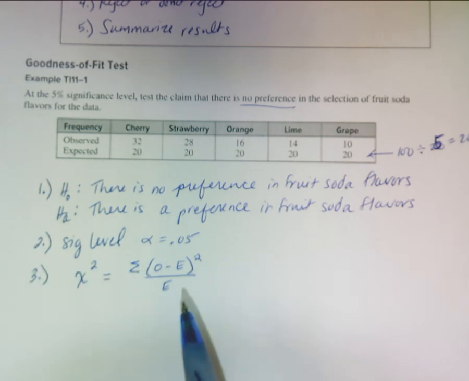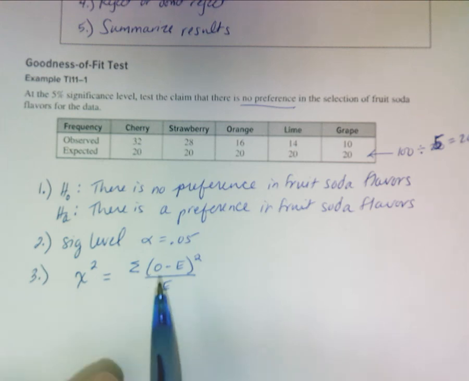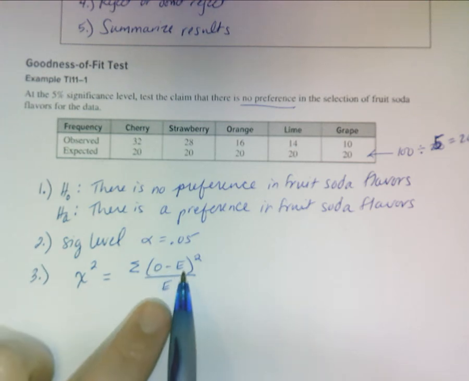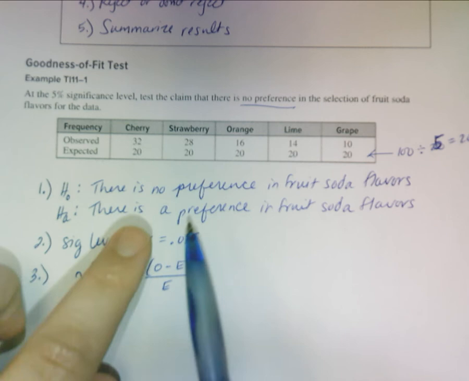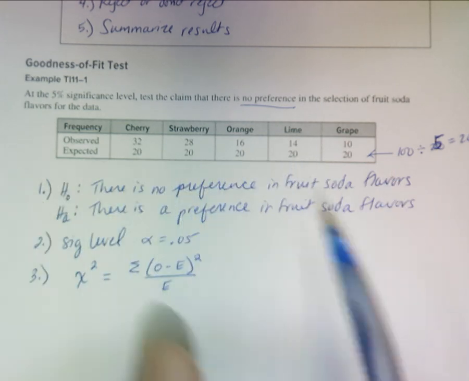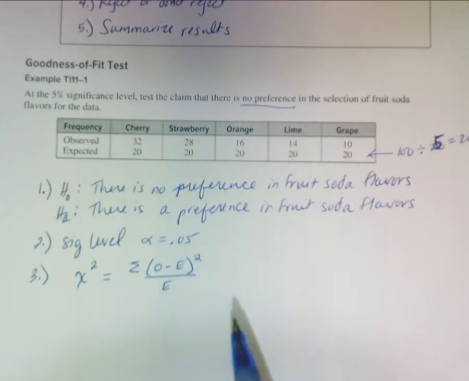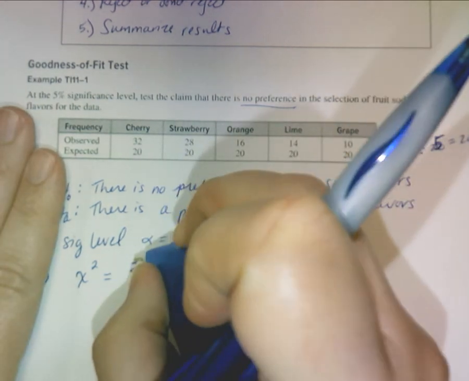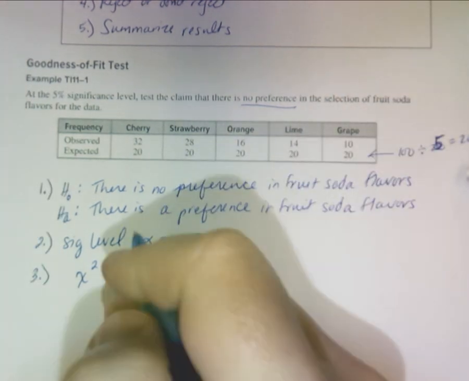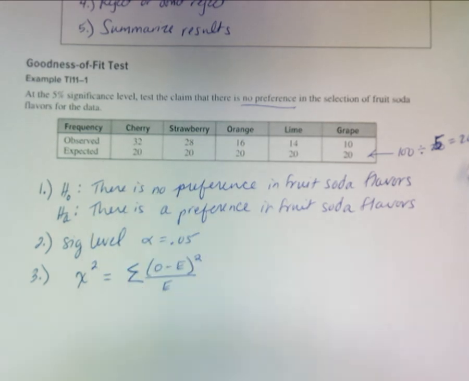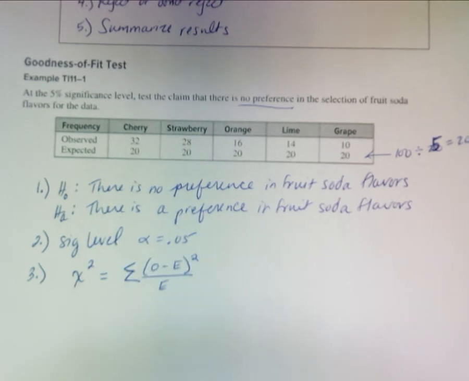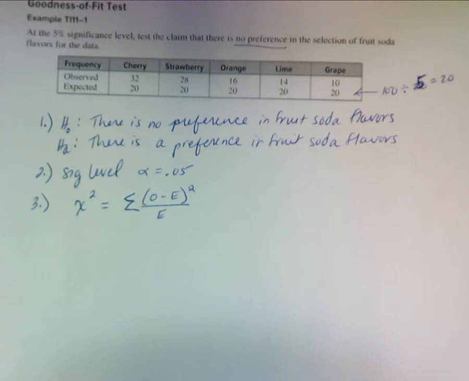So you have to do the observed minus the expected squared divided by the expected for each one, and then add them. That's what sum is, okay? You have to do this. And actually, I got to erase that because it's really bothering me. It's for the whole thing. So let me show you what I mean, okay?